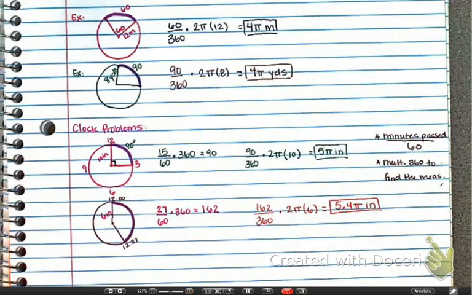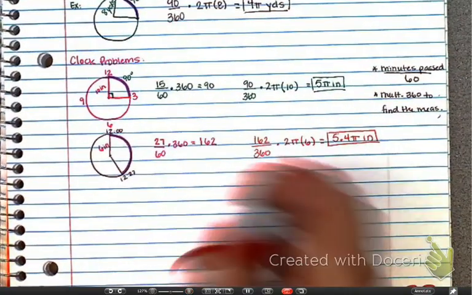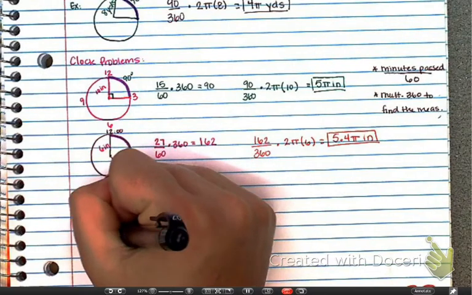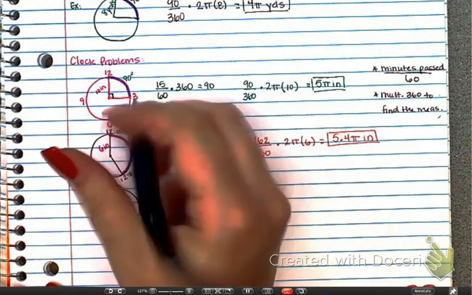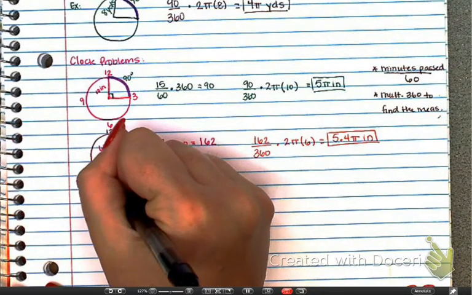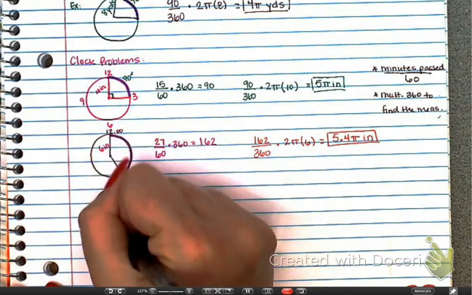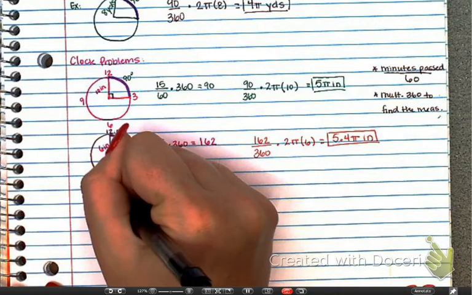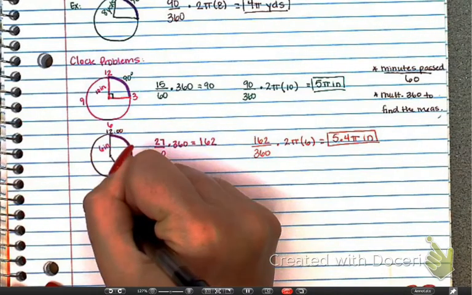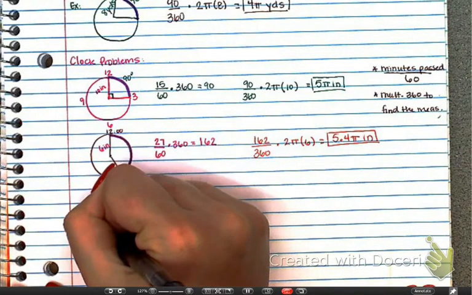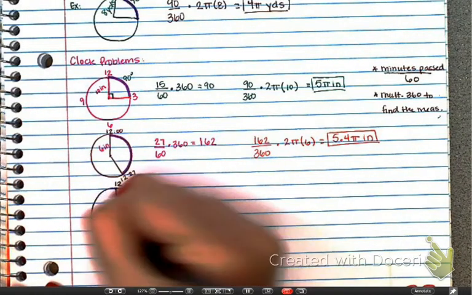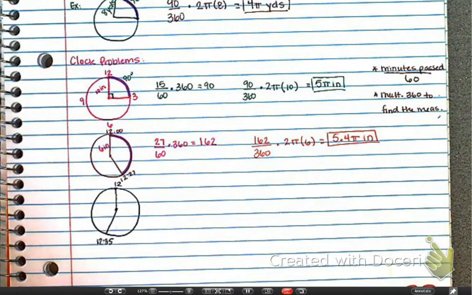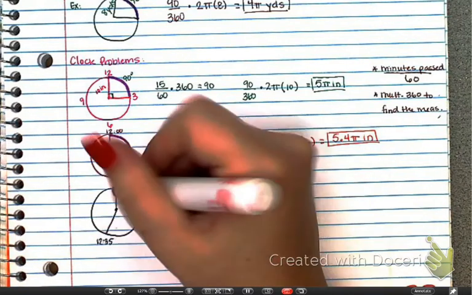I'm just writing down the steps that we took to find the measure of the arc for clock problems. So the minutes that passed, from 12 to 12:15, from 12:15 to 12:45, you should be able to figure out those minutes over 60, and then you multiply it by 360 to find the measure.